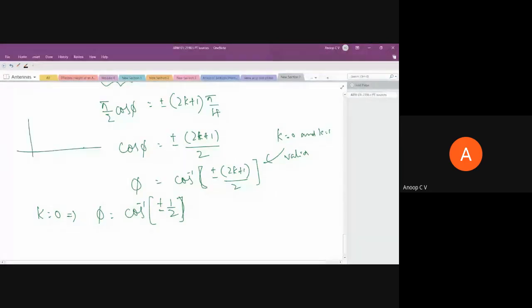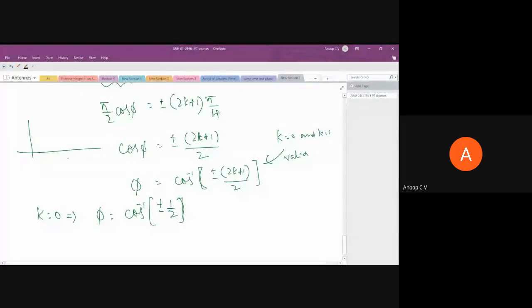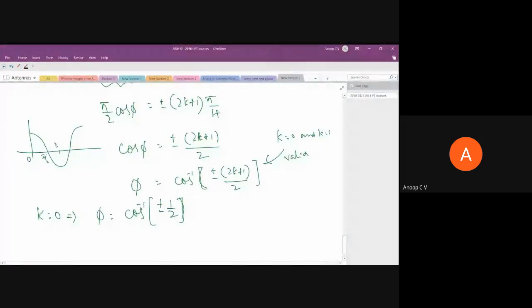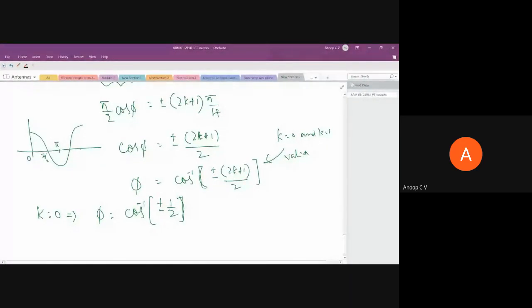Yesterday I showed you, if you plot a cosine wave, it will be like this: 0, pi by 2, pi, then 3 pi by 2 and 2 pi. So for which values of the argument will cos take half?